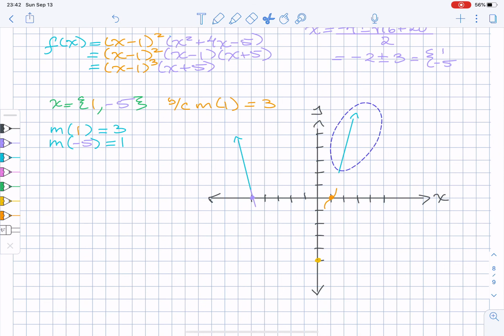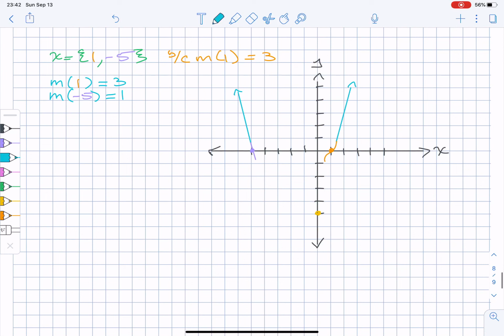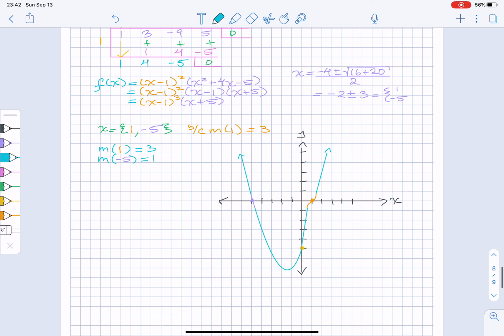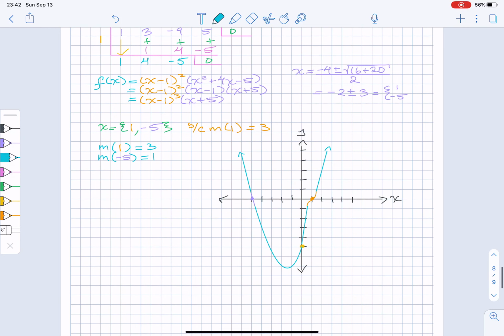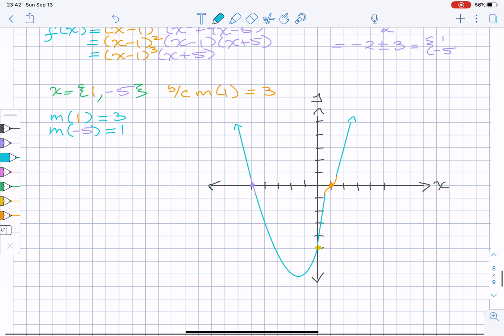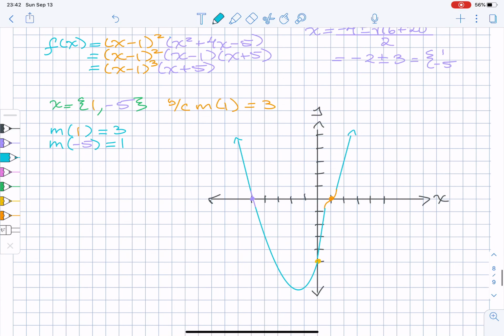I can bring this down right there. Then I can just connect the dots. Oh boy, this is going to be a terrible graph. I'm going to try it, probably just something like so. And then it comes up like so. Something like that. Okay, so there is an estimate to my graph of f of x. Okay, and we've been at this for a long time, so I think I will let you guys go at this point.